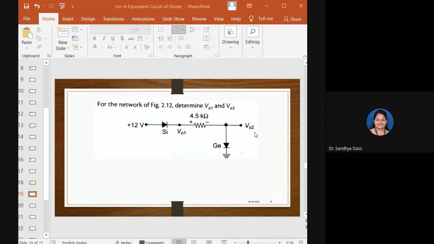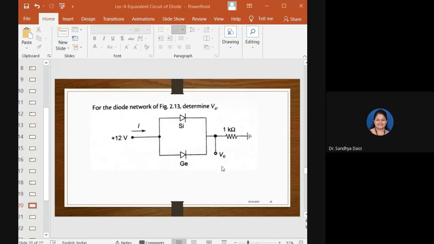It's not that it cannot be more, but what I'm saying is that to make the germanium diode conduct, 0.3 applied here is sufficient. So this voltage VO2 can be 0.3 if the germanium diode is conducting.